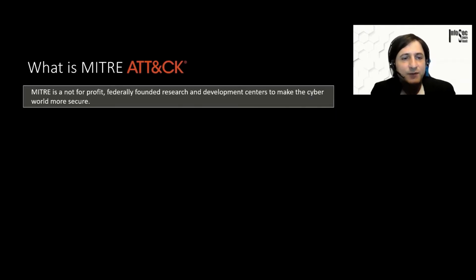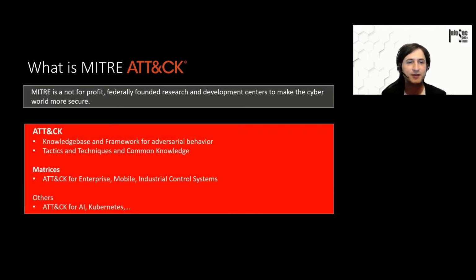And what can really help throughout all these stages as well, especially in the planning and also in the communication phase, is the MITRE ATT&CK framework, which I'm sure many of you have heard about, so I won't be talking about it too much. But the ATT&CK framework is basically a knowledge base of adversarial behavior, meaning it's a catalog where MITRE put together all the tactics and techniques that have been publicly seen in the open source intelligence world, that we know adversaries are performing, and they catalog them.